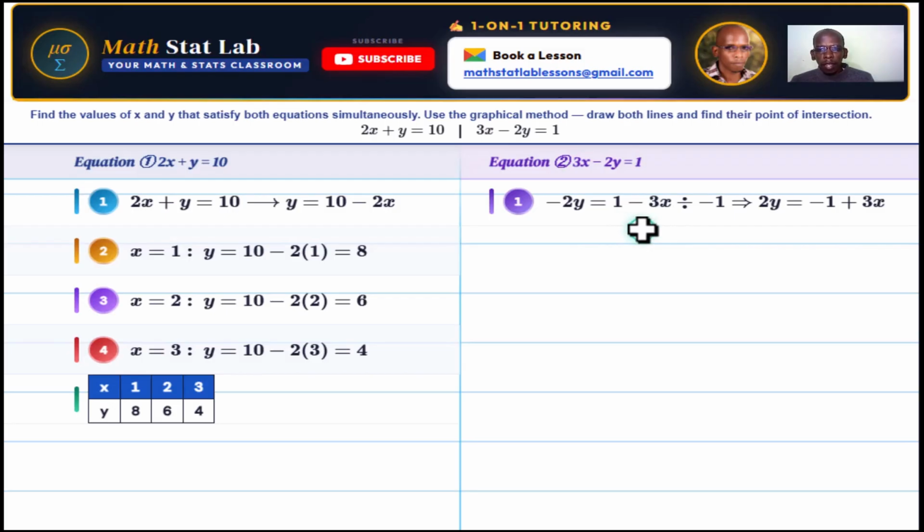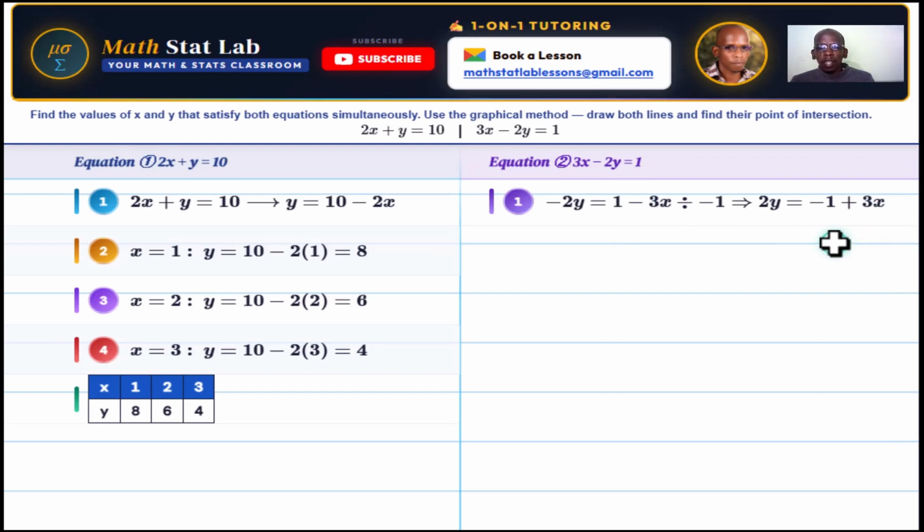Then I need to divide everything in this equation by negative 1 so that I can get rid of this negative here. So now it becomes 2y is equal to negative 1 plus 3x, because when I divide by another negative, it will be positive.